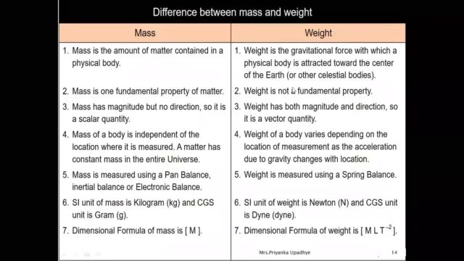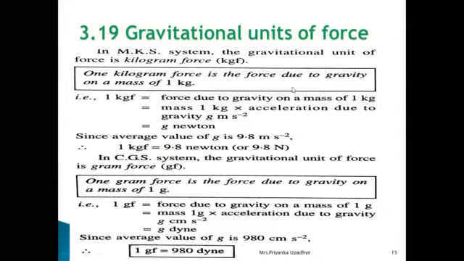Okay, so we will go to the gravitational units of force. This is the last part of this chapter. In the MKS system, the gravitational unit of force is kilogram force.